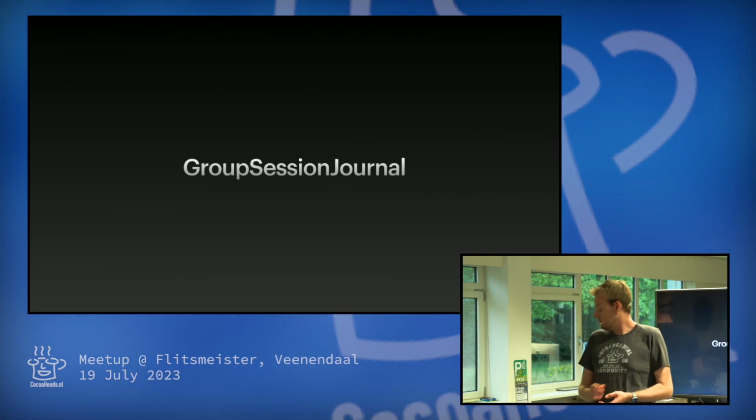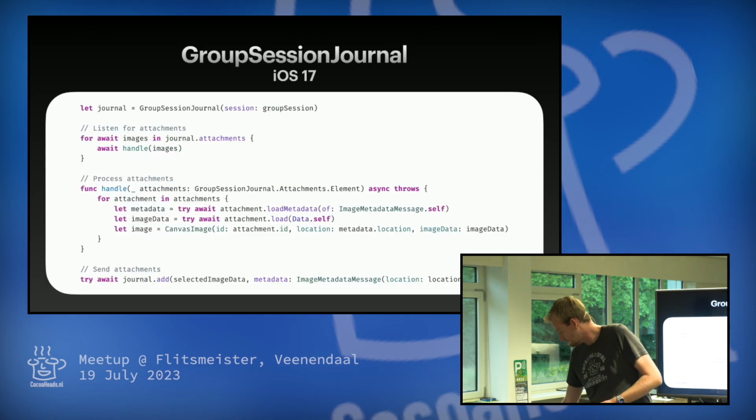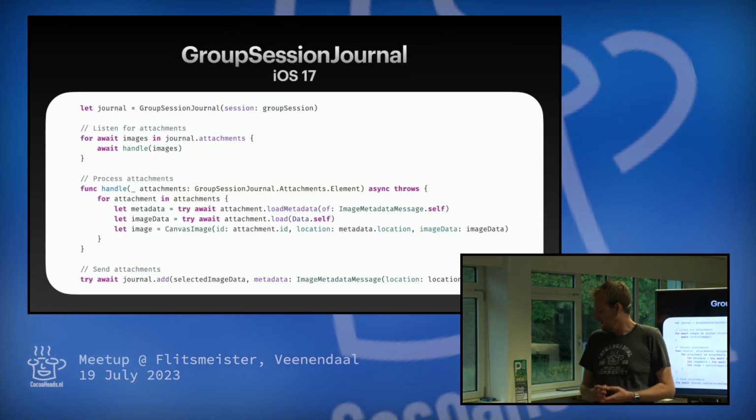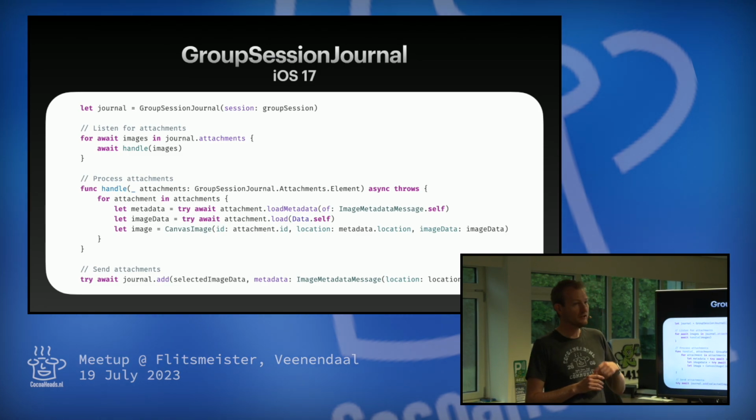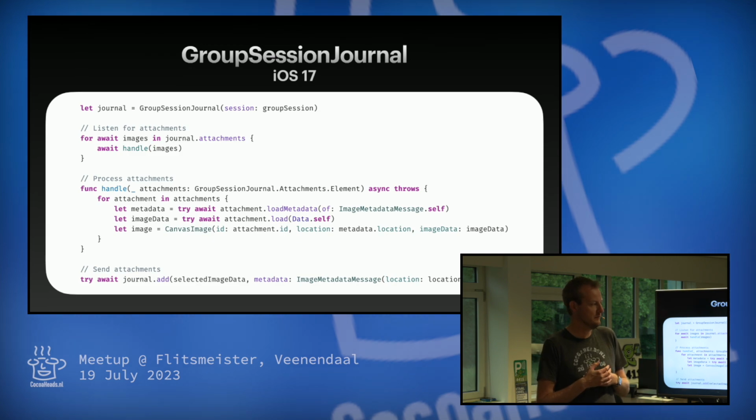Then finally, the GroupSessionJournal. This is new in iOS 17. You can use this to exchange larger files. The example Apple uses is the Canvas app, where you can draw together.